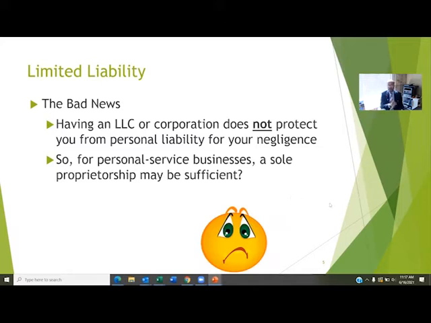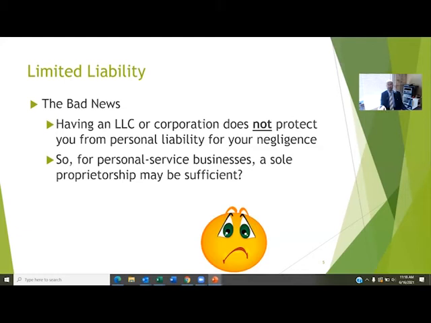Unlike a sole proprietorship, if someone sues you in small claims court, for instance, saying that they paid you $500 to perform a service and you didn't perform that service, if you're an LLC, you have to retain an attorney to represent you because you, as the owner, cannot represent the LLC in court unless you're a licensed attorney. So sometimes trying to do the best thing carries additional, unforeseen costs. And that's one of them that oftentimes catches people off guard.